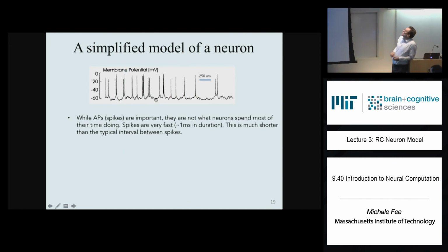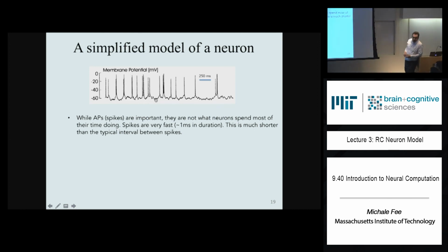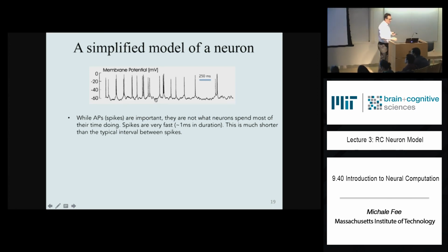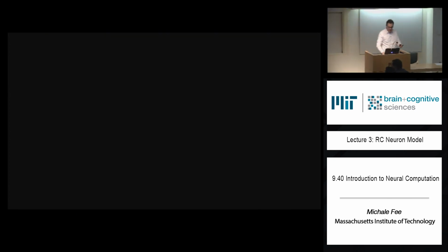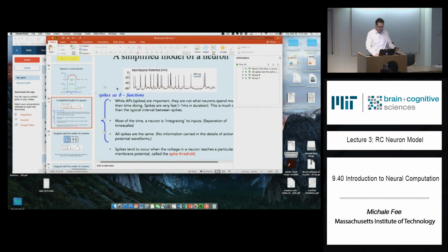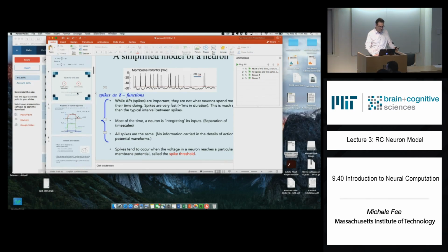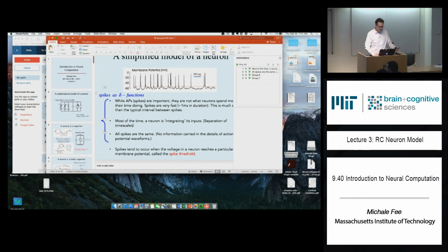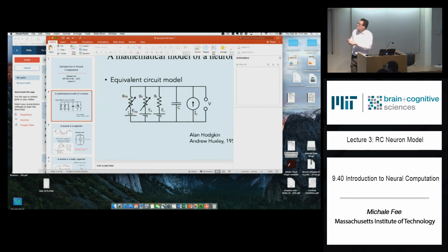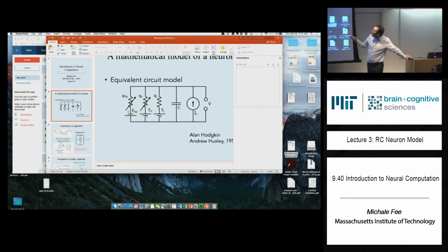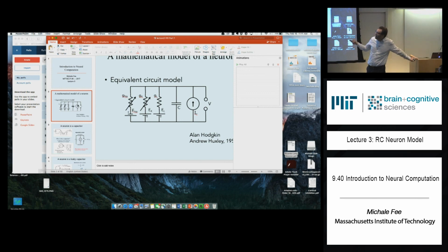All right, so we're going to come back in a minute and finish fleshing out this model where we make those conductances depend on time as a way of describing the spikes that a neuron produces.